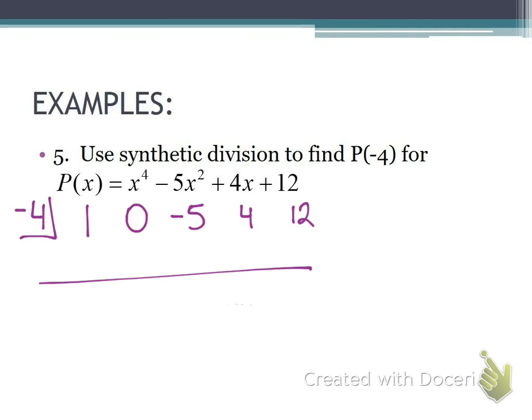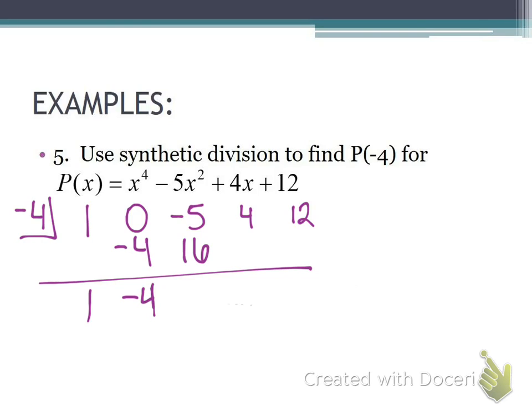All right, so we go back to that same process. The 1 drops down. 1 times negative 4 is negative 4. 0 minus 4 is still negative 4. Negative 4 times negative 4 is a positive 16.